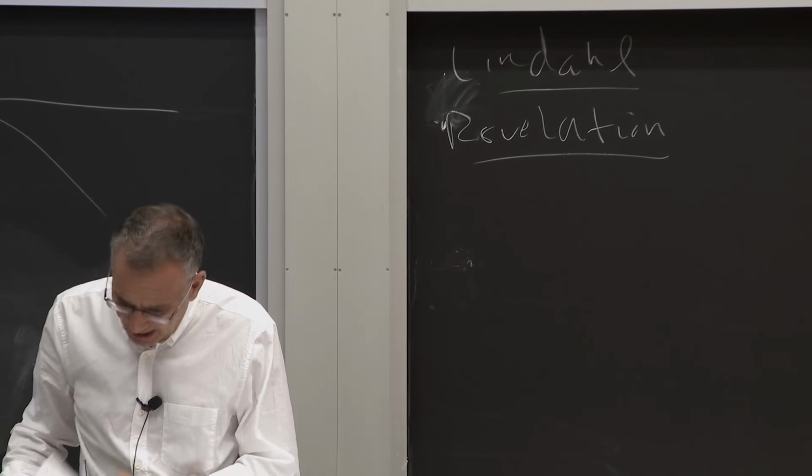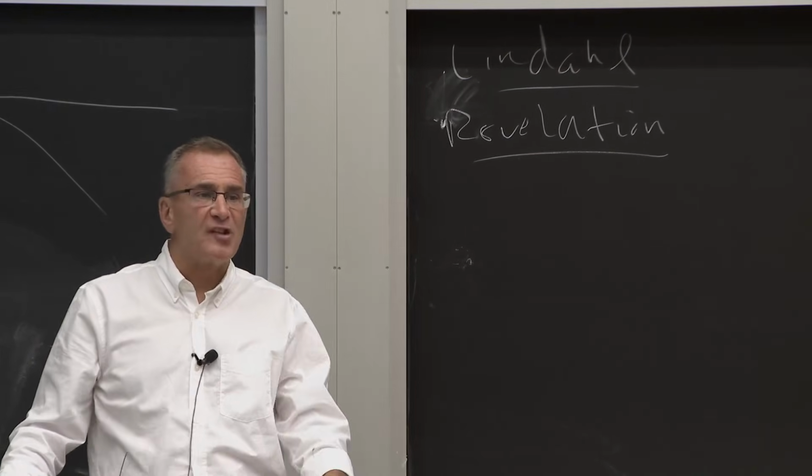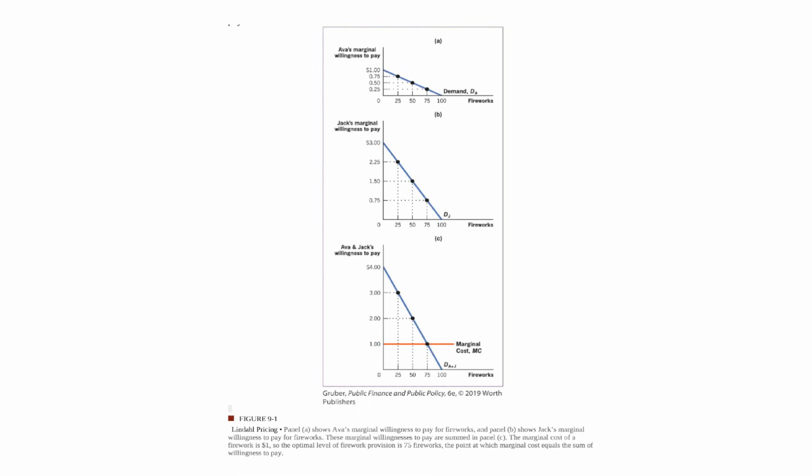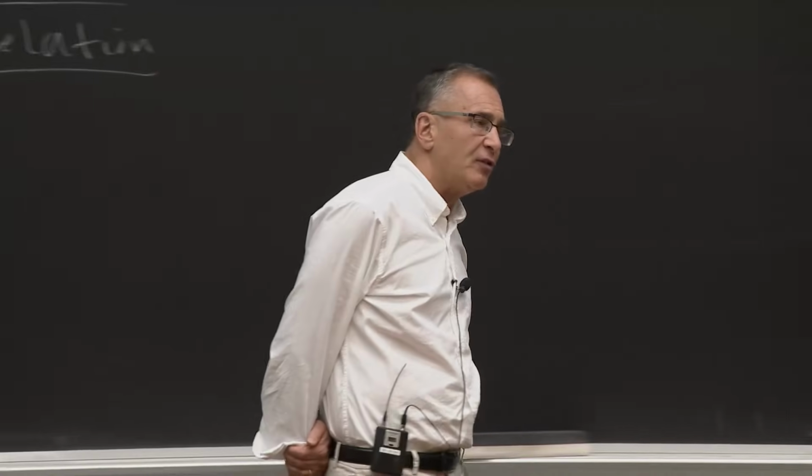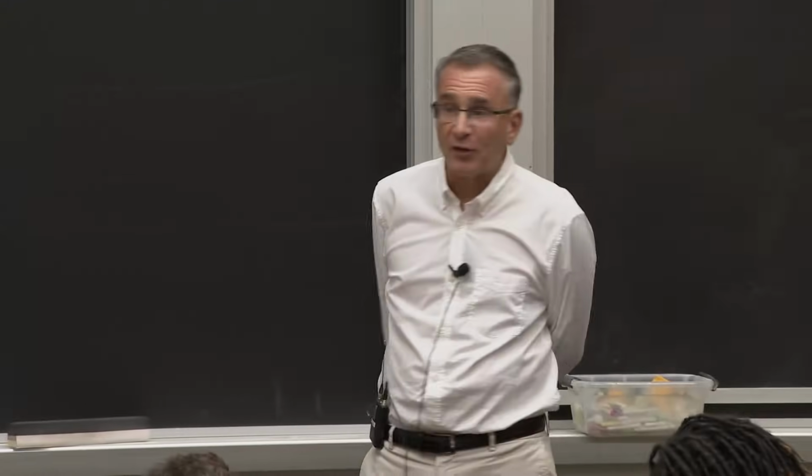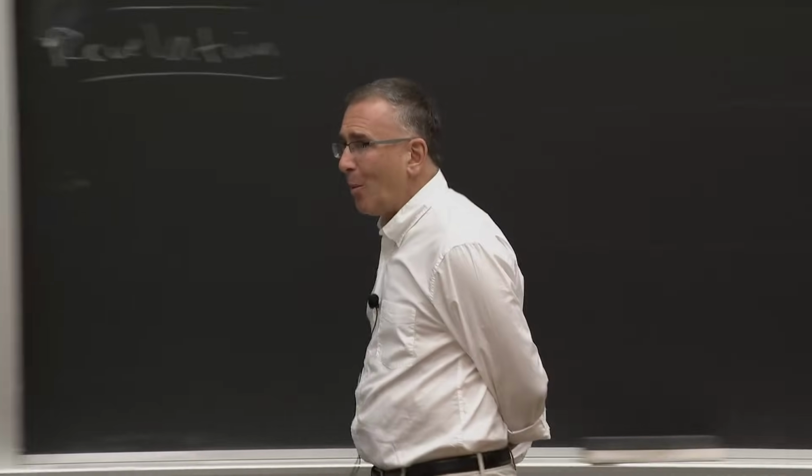Imagine that Jack lied and said his preferences were the same as Ava's. In that case, we would say, well, if Jack and Ava were the same, we would end up producing 50 fireworks at 50 cents each. If there were two Avas, the optimal number of fireworks, 50 fireworks, 50 cents each. What would that mean?